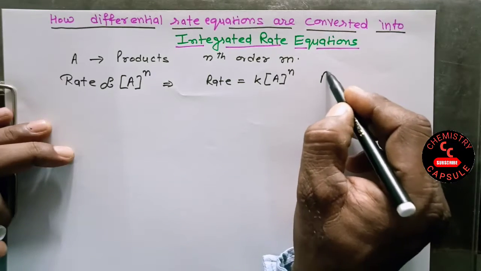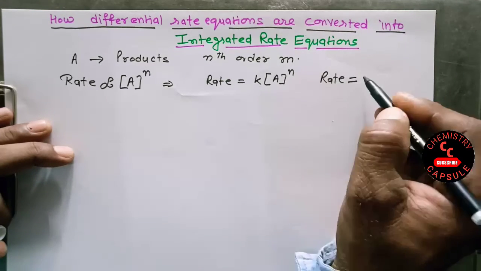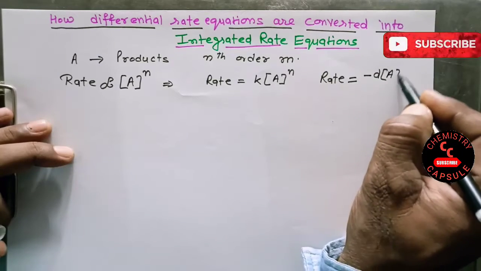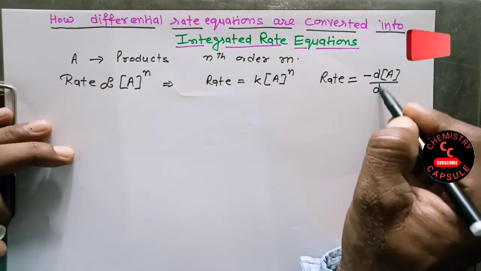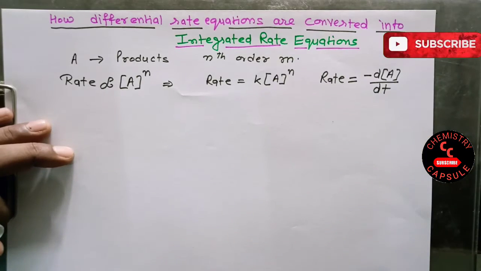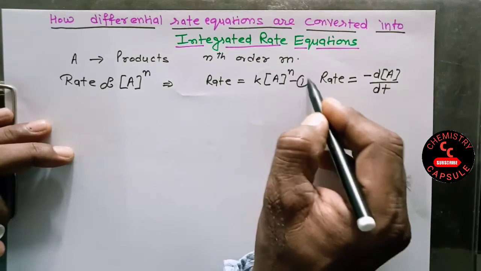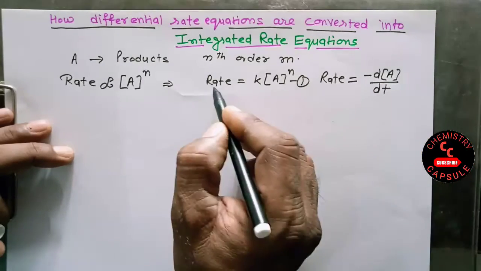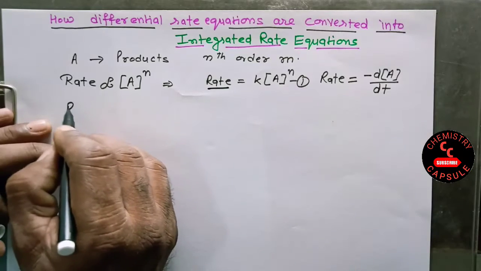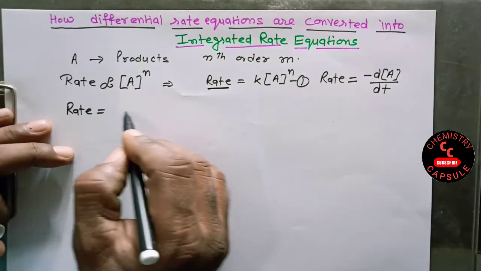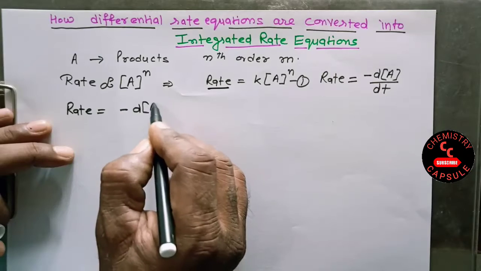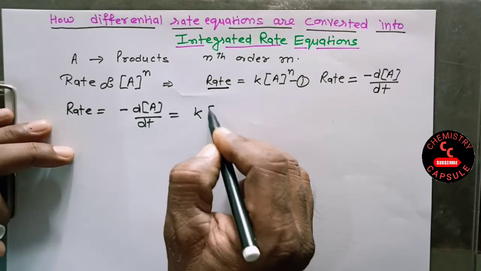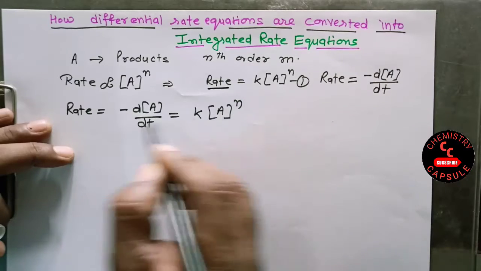And we know that rate of reaction can also be written as rate is equal to minus d[A] divided by dt. So in this equation 1 we can write minus dA by dt in place of rate. So rate is equal to minus dA by dt is equal to k [A]^n.